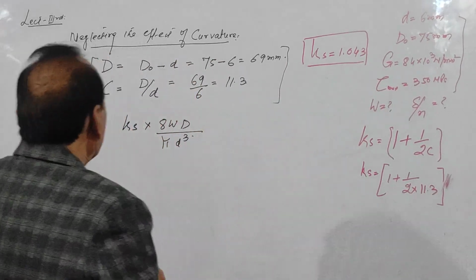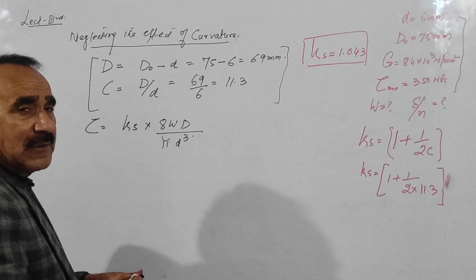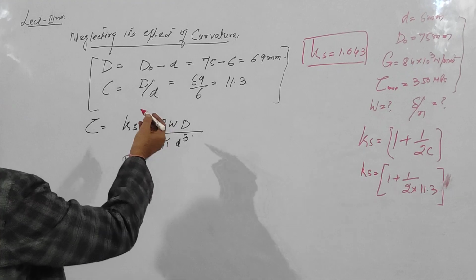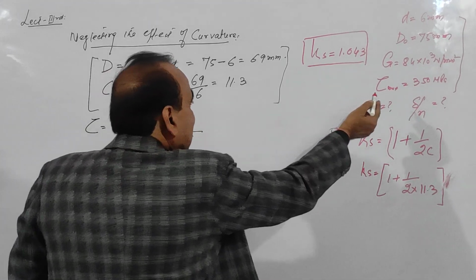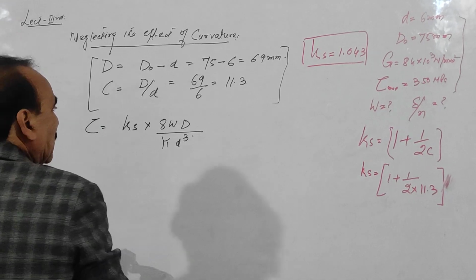Okay. So from here you substitute all the values and calculate W. I will do this problem, just see. Tau max is given to you, this is 350. Substitute all values there.